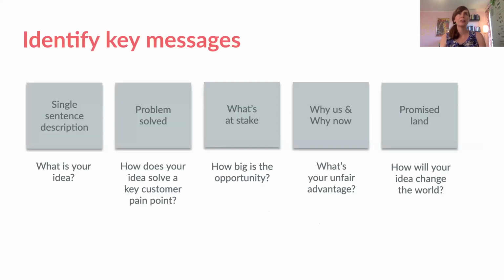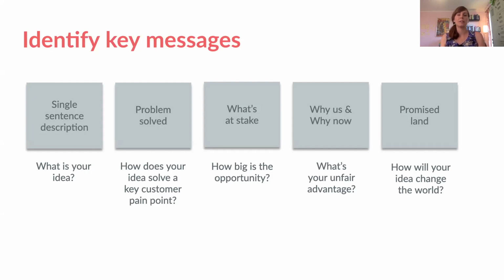So identifying key messages. For those of you who weren't here last week, this is where we start. And what I talked about last week was that there's 5 questions an investor wants answered in that pitch, right? Those are what you're seeing below. What is your idea? How does it solve a key customer pain point? How big is the opportunity? What's your unfair advantage?